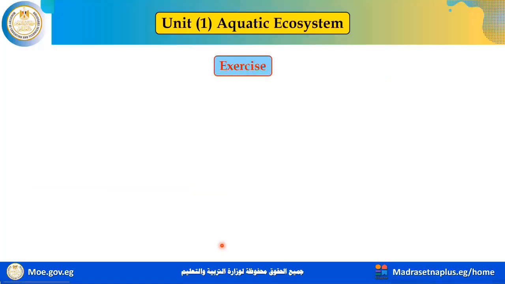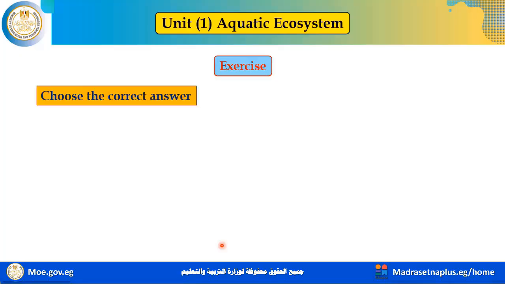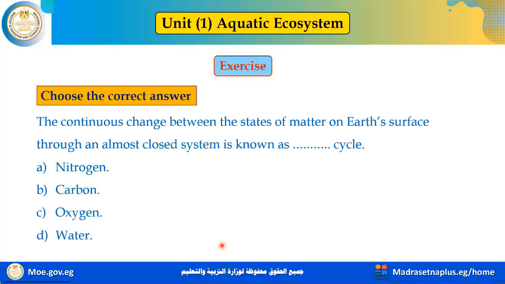Now, my dear students, let's check your understanding. Choose the correct answer. The continuous change between the states of matter on Earth's surface through an almost closed system is known as the blank cycle. Nitrogen, carbon, oxygen, water. Good, water.